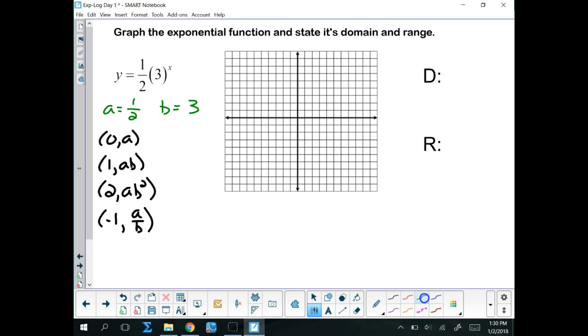So (0, a) is what? (0, 1/2). (1, ab): what's a times b? 3/2, right?